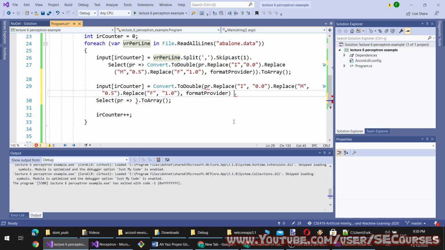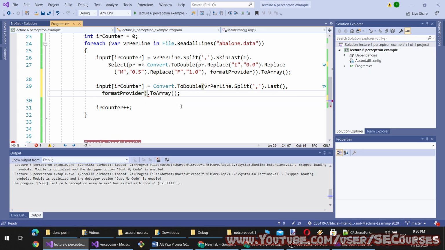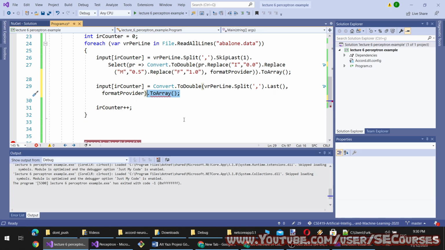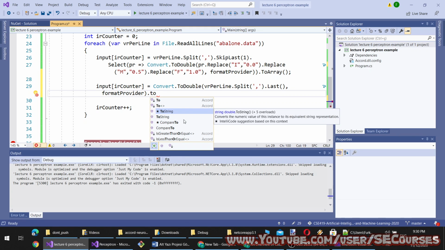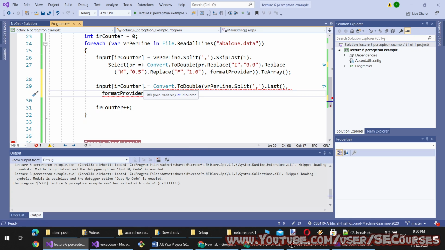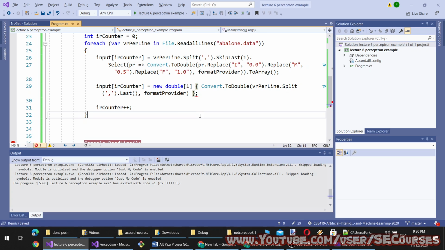Since this is not an array, it will be only a single value. Yeah, what I need to do this time is new double 1, like this. Okay, now it should work.